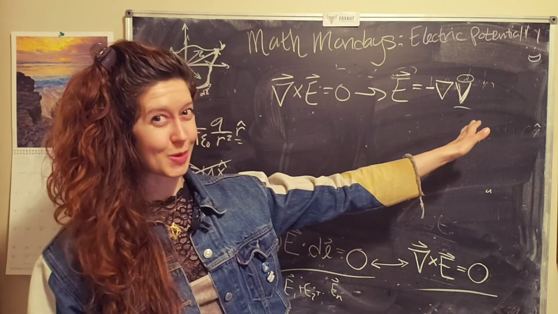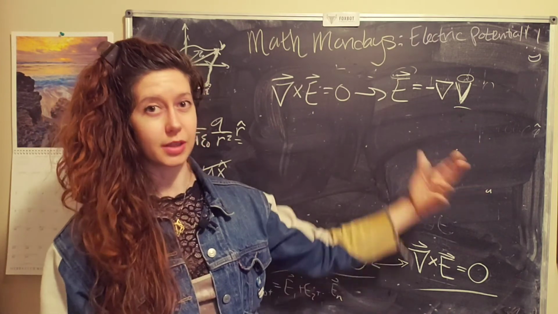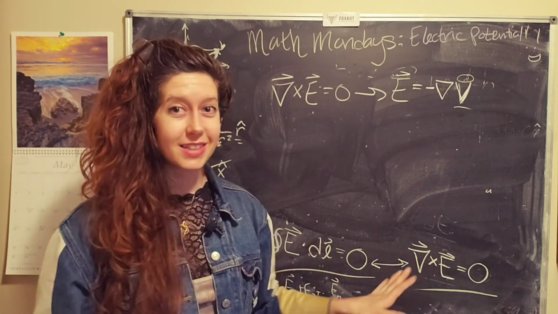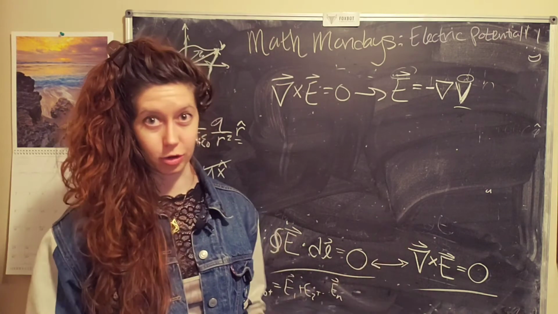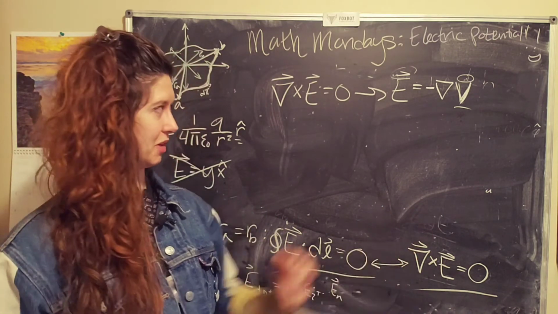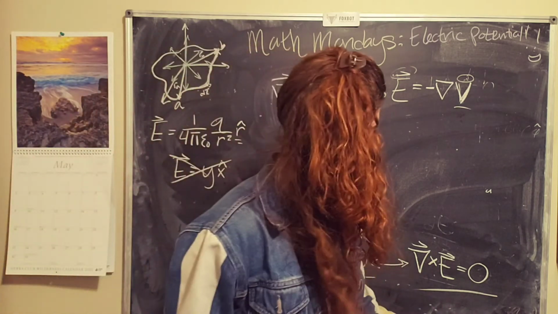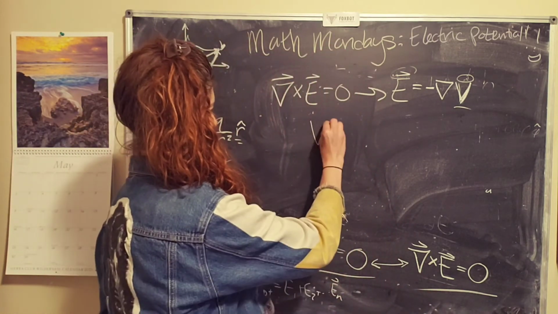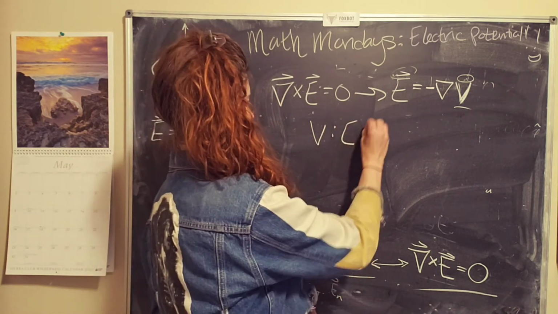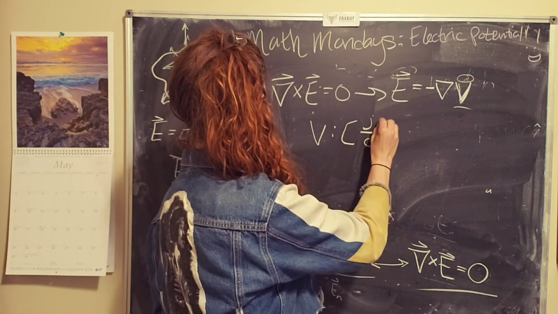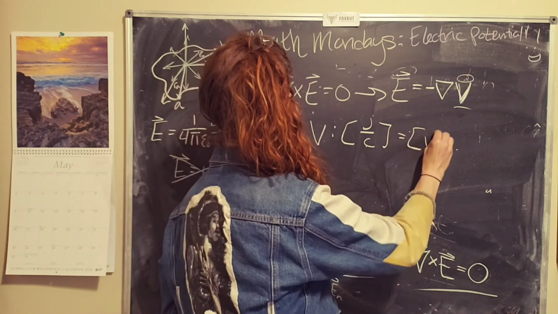Quick note on terminology. Potential, the electric potential, is not the potential energy. It's a very different term. And the units of potential are joules per coulomb, which are defined as a volt.